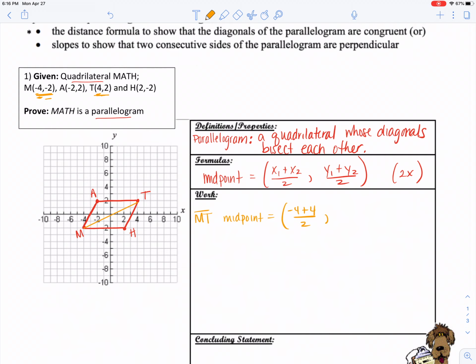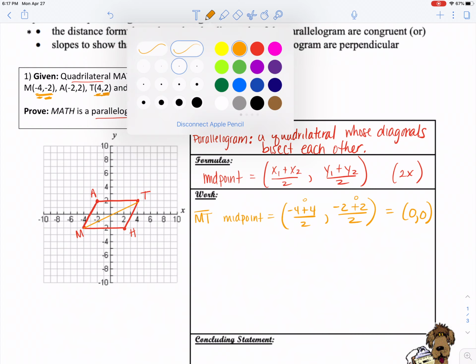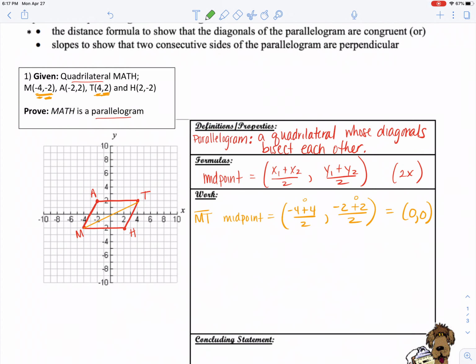Then I'm going to look at the y coordinates, -2 and 2. -2 plus 2 divided by 2. All right, both numerators give me 0. So 0 divided by 2 and 0 divided by 2, I get that the midpoint is 0, 0. Now let's get the midpoint of the other diagonal, AH.